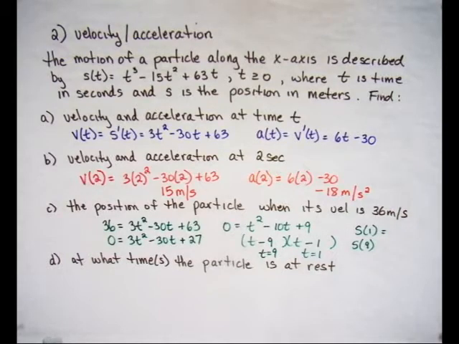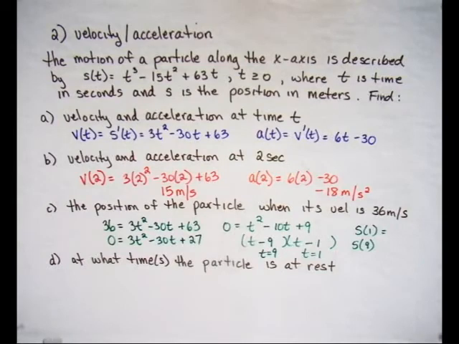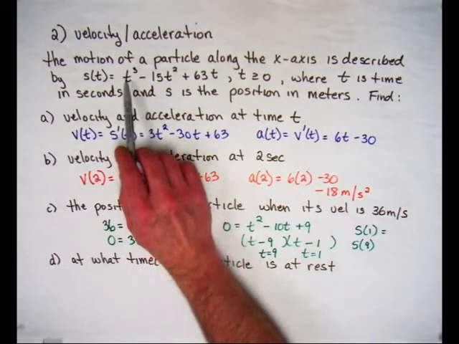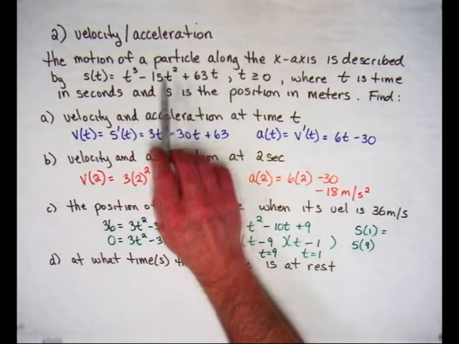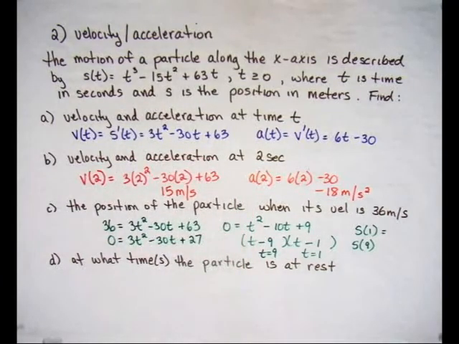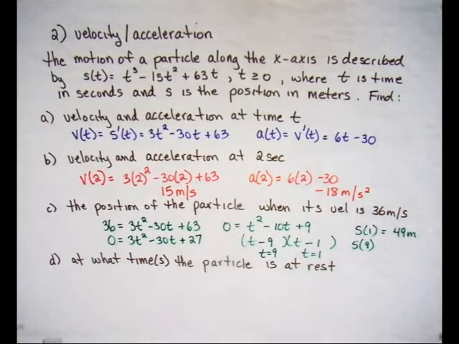So s at 1, I'm just going to plug 1 into my position function. 1 is always a nice number to work with because this will just be 1 cubed, which is 1, 1 plus 63, which is 64, and 64 minus 15, which would be 49. And the units would be meters. So the object was 49 meters to the right of the origin when it was traveling at 36 meters per second. Now the other one, 9, isn't quite as simple.